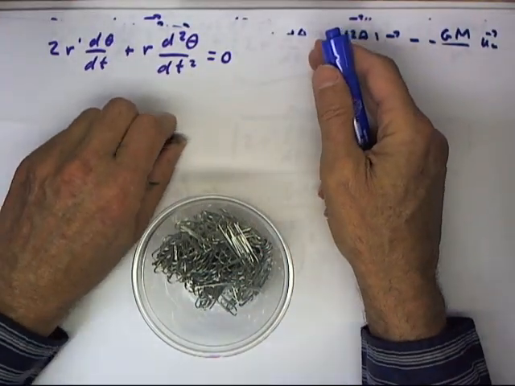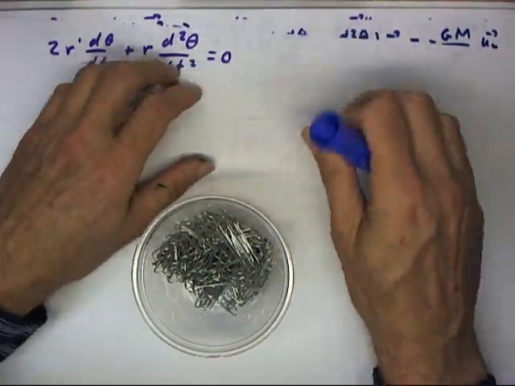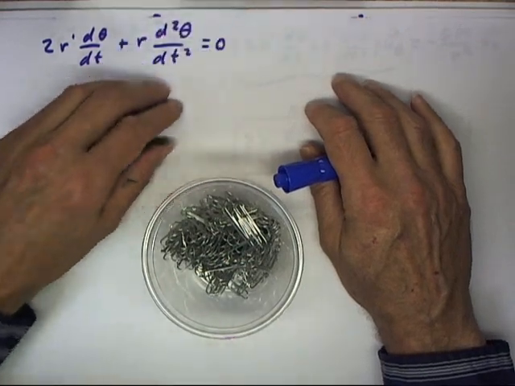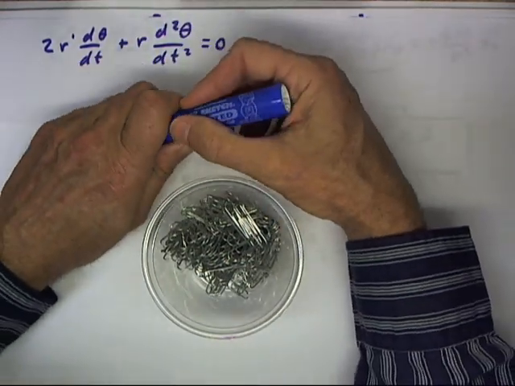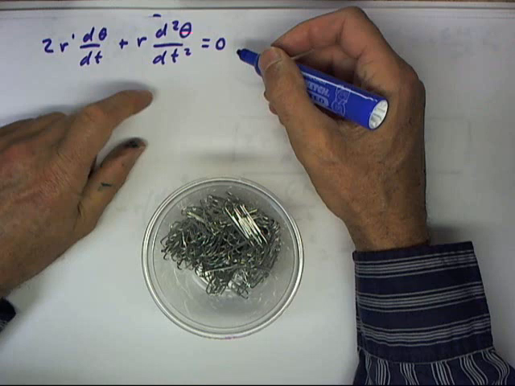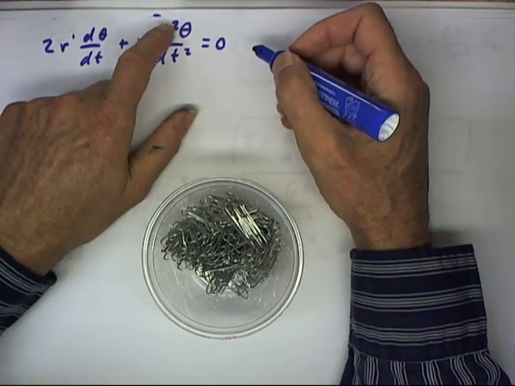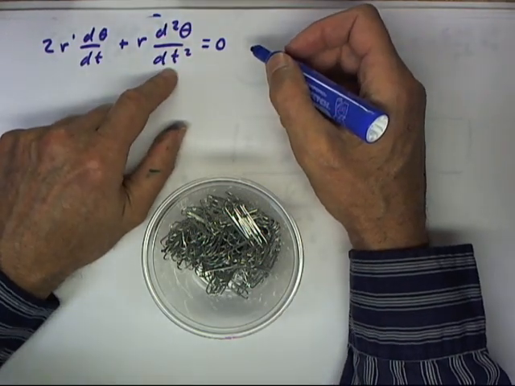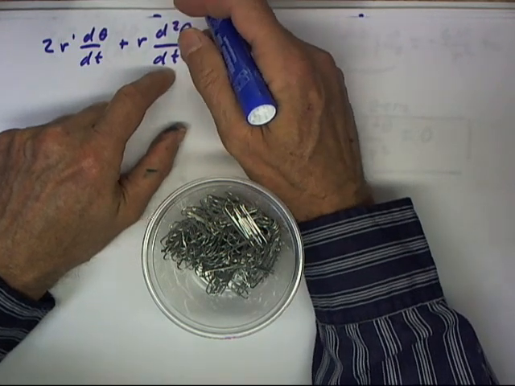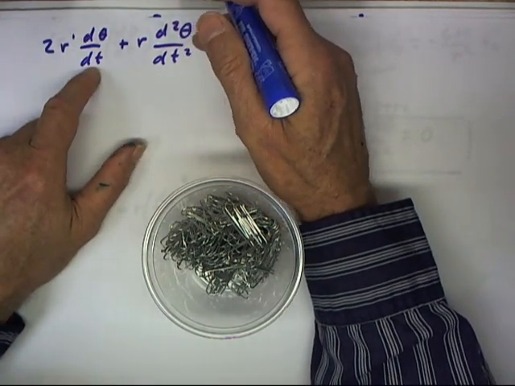This equation tells us that, well, this equation involves d theta dt and the second derivative of theta with respect to t. This is the derivative of this.